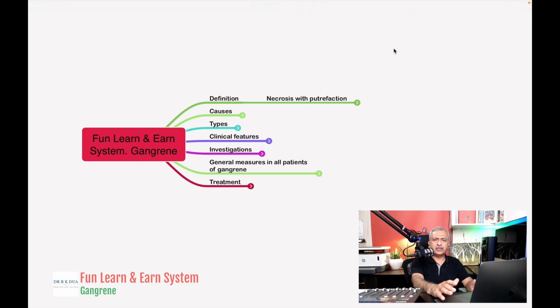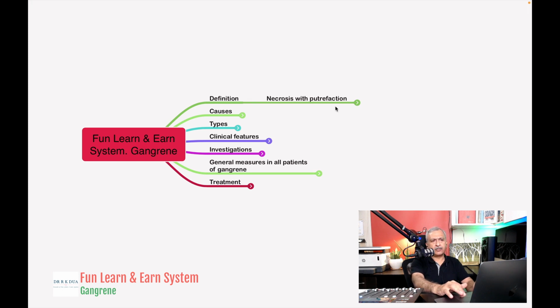Ultimately, when this dead shriveled tissue shuts off from the normal tissue, it is known as auto amputation. So there are these two basic differences, and you can say wet gangrene is more dangerous as compared to dry gangrene. Let's dive into the mind map.